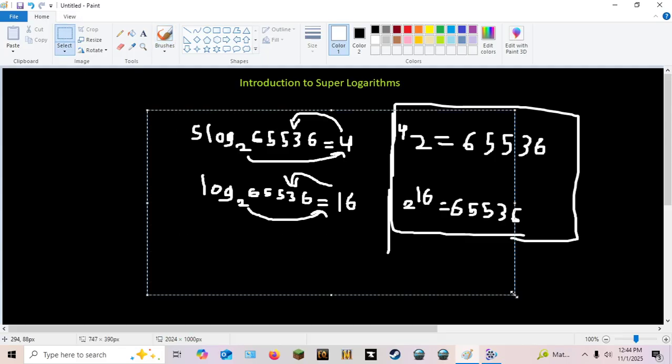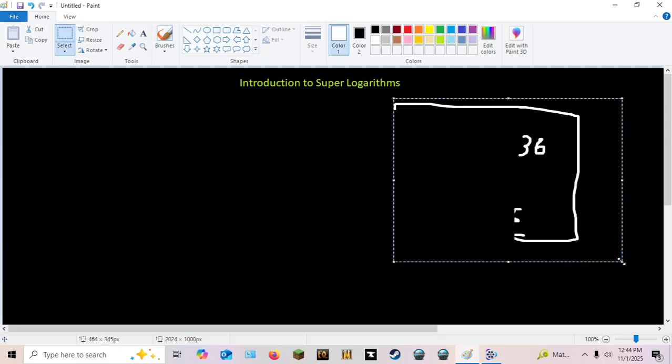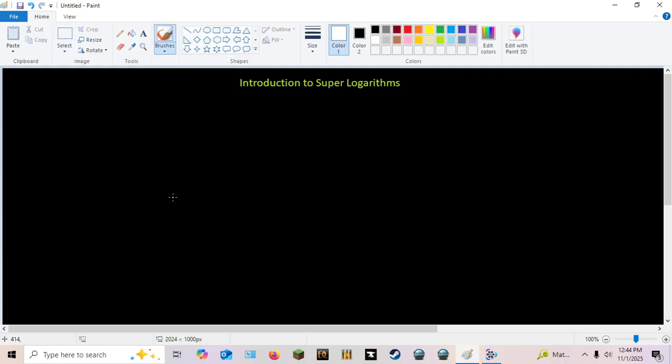Okay, now we're gonna do some equations. Let's go evaluate first log base 2 of 16. So I know 2 tetrated to 2 equals 4, right?